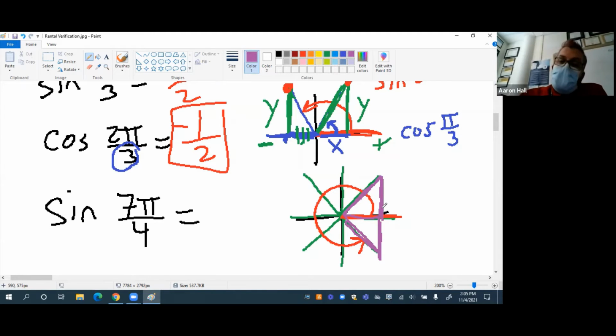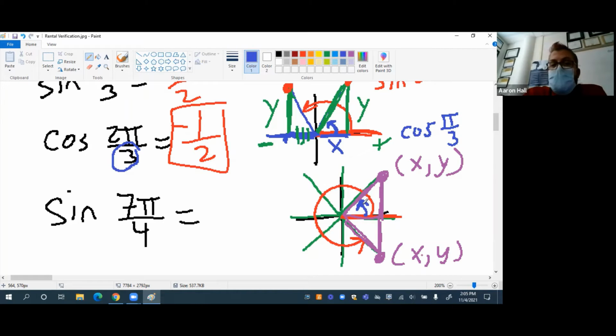meaning that I can find this point right here for my x and my y value just by figuring out what this rotation here is. So for that rotation there, what do I get using my hand trick?